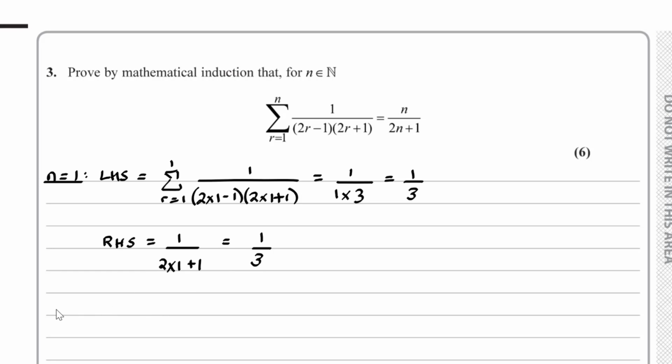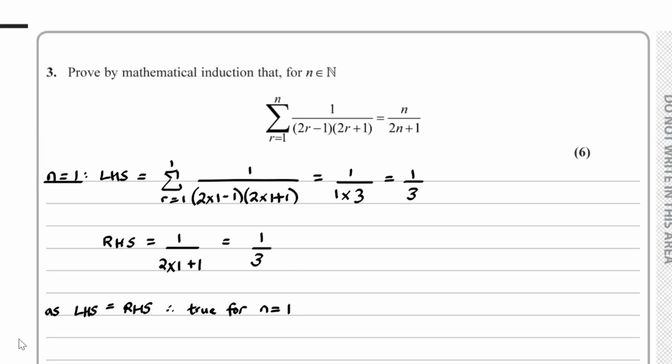We therefore see that the left hand side is equal to the right hand side, and therefore we can conclude that the result is true for n equals 1.